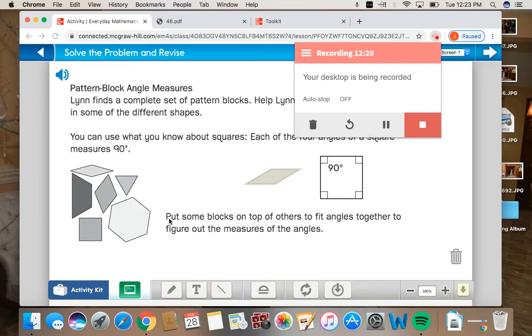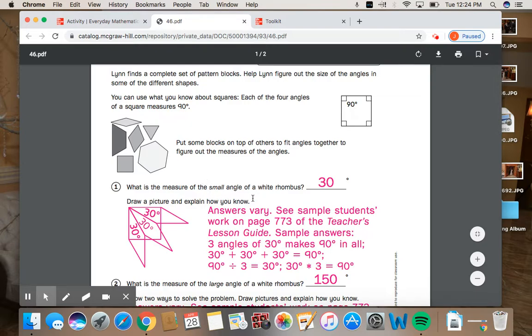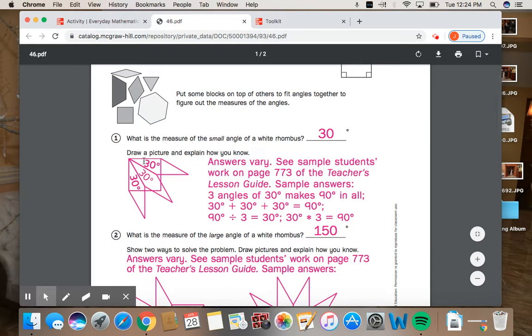So let's take a look and we'll see about that. All right, so for the measure of the small angle of the white rhombus, you should have gotten 30 degrees because if you match them up, you'll see that 3 of them fit in perfectly in that 90-degree angle.